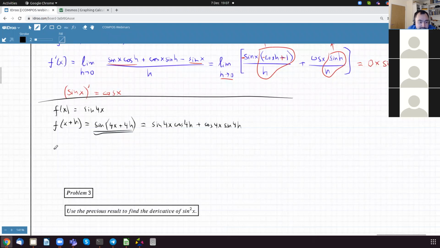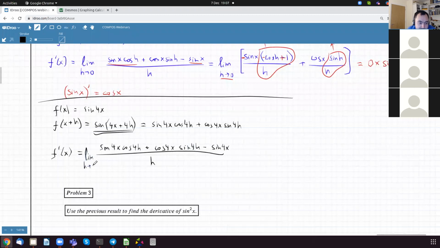And we write down that the derivative of f is equal to sine 4x cos 4h plus cos 4x sine 4h minus sine 4x, divided by h. Forgot the limit.